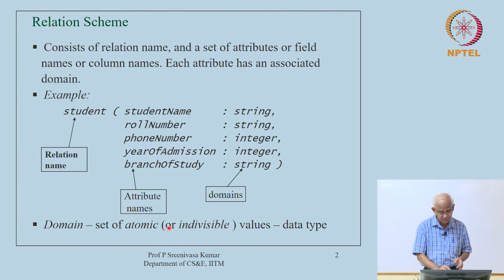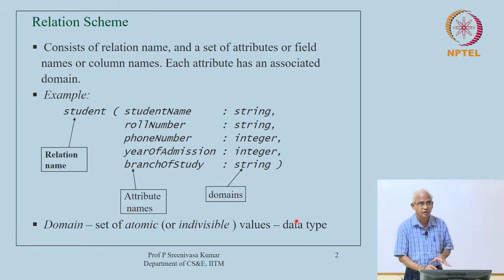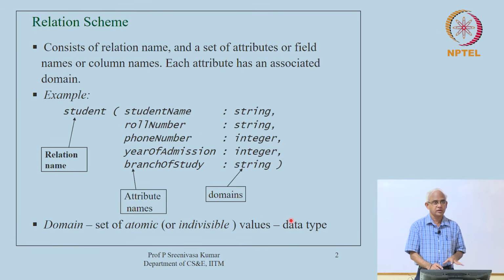This assumption is very fundamental to the relational database model, and it is so fundamental that later on, when we discuss the normal forms, we give a name for that. It is called the first normal form.